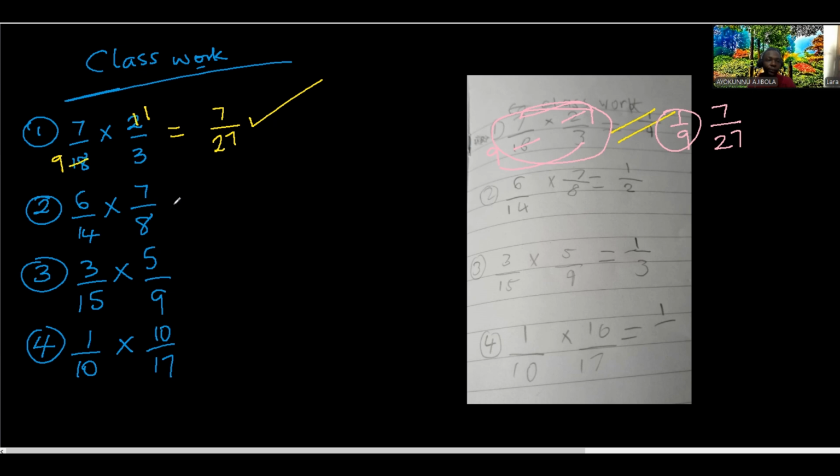Yes or no? Yes. Good. 7 here, 1. 7 here, 2. You did that and you just simply wrote 1 over 2 without going further with 6 and 8. Is that correct? No. Aha. So are you getting it now?